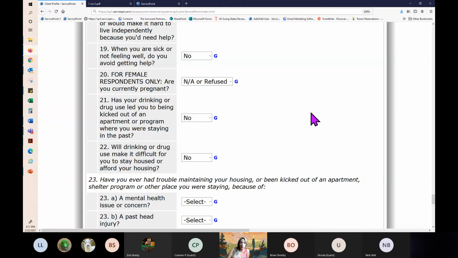It could help approach the client differently once attached to a rapid rehousing provider, but go ahead. No, you just don't want to penalize him, because if it says will he drink and he can't stay housed, then all of a sudden, oh, well, we don't want to put him on the list.